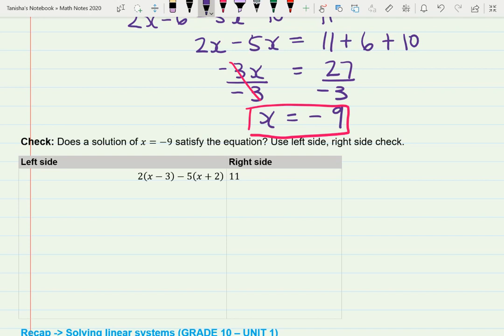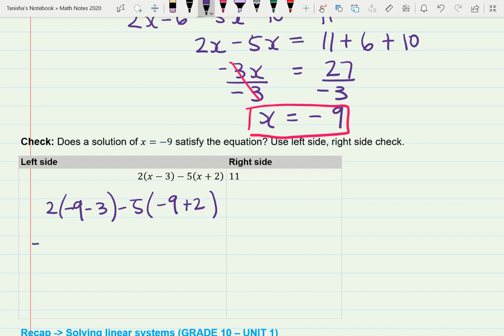And now we're going to input x = -9 into our equation and see if the left side equals the right side. So we have 2, instead of putting x, we're going to input the negative 9, minus 3, minus 5 times negative 9 plus 2. Again, the right side is still equal to 11.